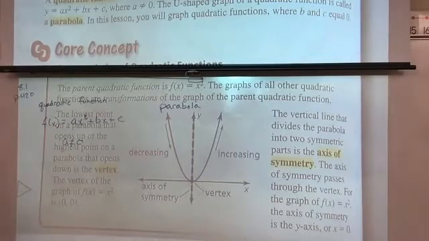Sometimes you'll hear me say it's a U shape, but the technical term is parabola. And we've got some stuff that we need to know about a parabola, some different parts of it that we need to recognize.